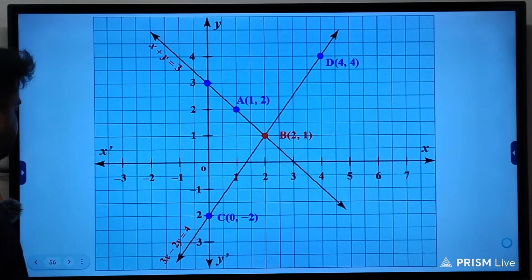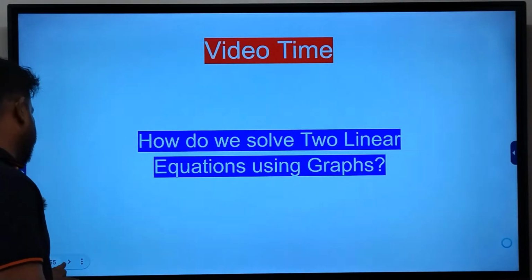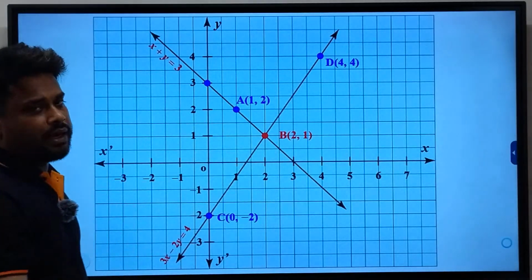Okay, so talking about solving them, it has a video and I am not playing the video here again. I am explaining it in a more familiar manner.